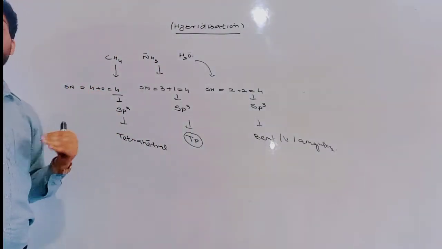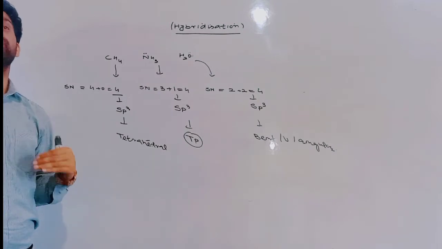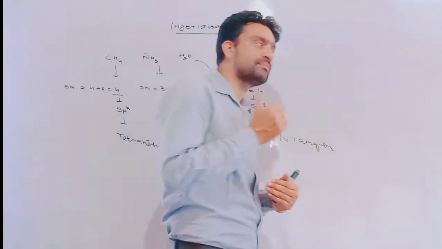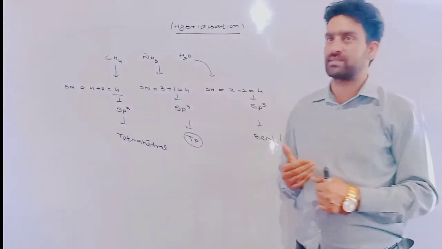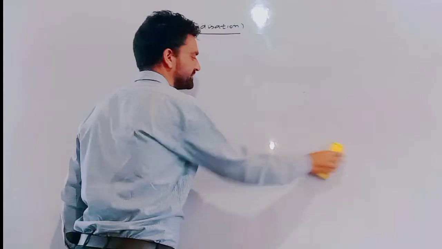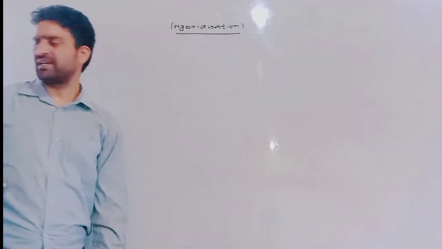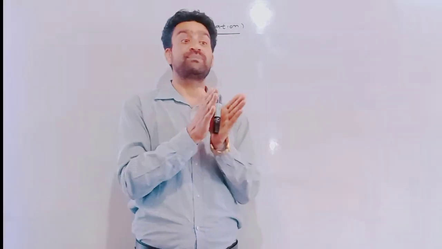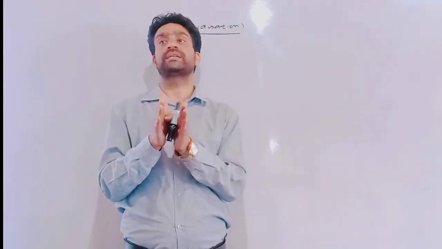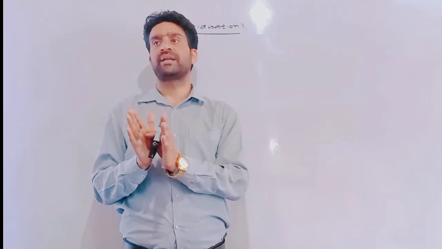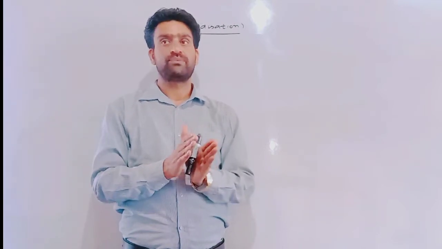Now I will give you one more formula to find out the hybridization of organic molecules. You can also find out hybridization by simply counting sigma and pi bonds. I will give you a formula which you remember. I also explained it when I mentioned that table. In case of sp3 hybridization, if the molecule has 4 bond pairs, 0 lone pair, it is tetrahedral. 4 bond pairs, 1 lone pair, trigonal pyramidal. 3 bond pairs, 1 lone pair.